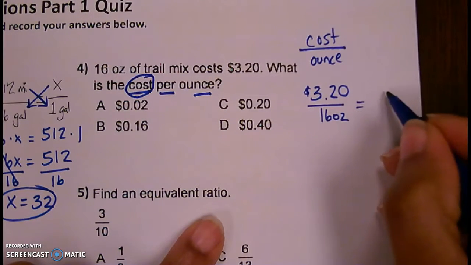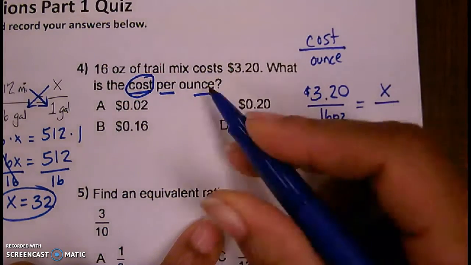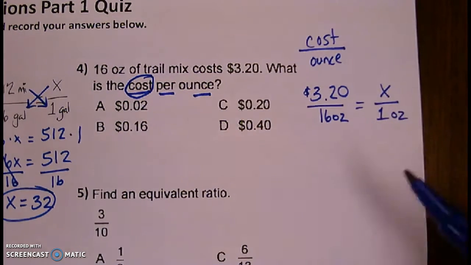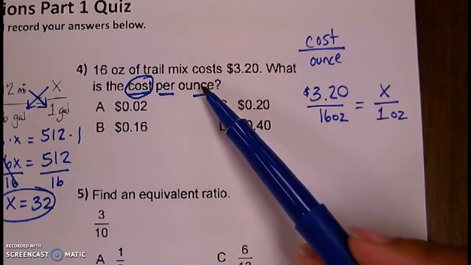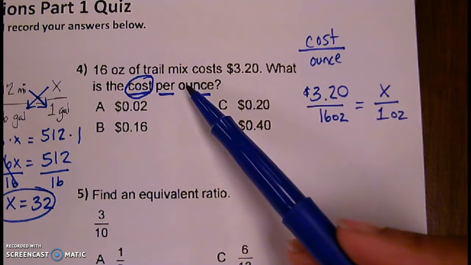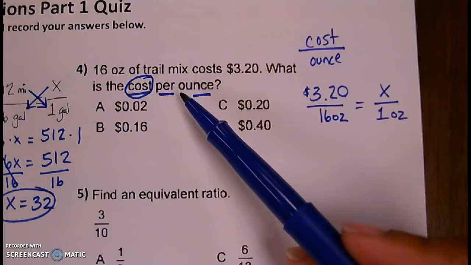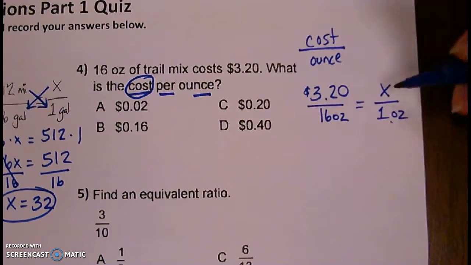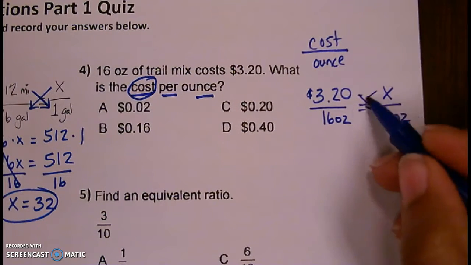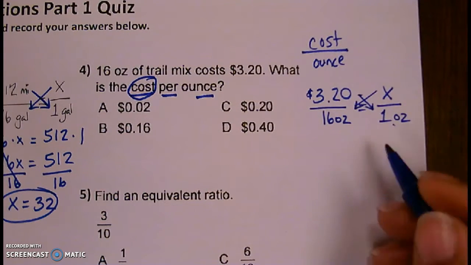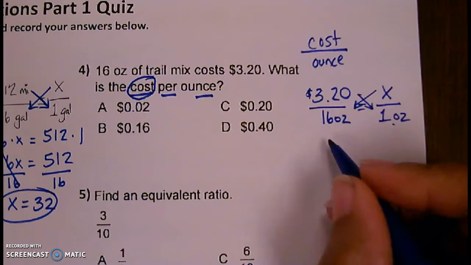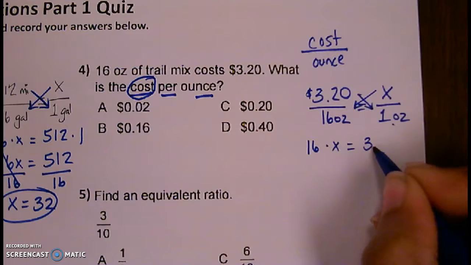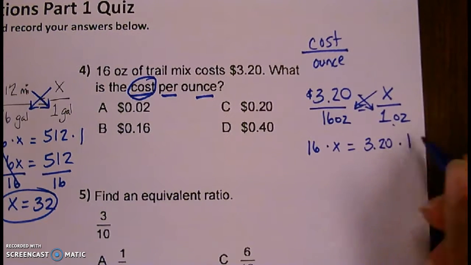The question asks me, what is the cost? So cost is my X per 1 ounce. Even though it doesn't say per 1 ounce, I know that per ounce means we're talking about for every, that means 1. So I can put my 1 here. Okay? Then I'm going to use my crisscross method. Alright, so I'm going to set that up. 16 times x equals $3.20 times 1.